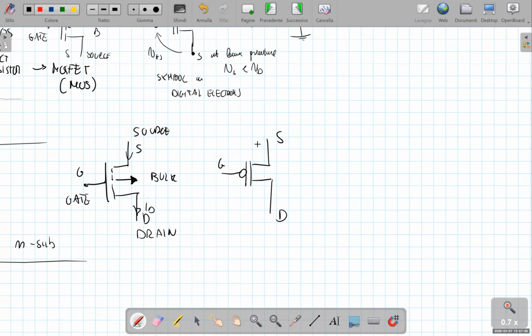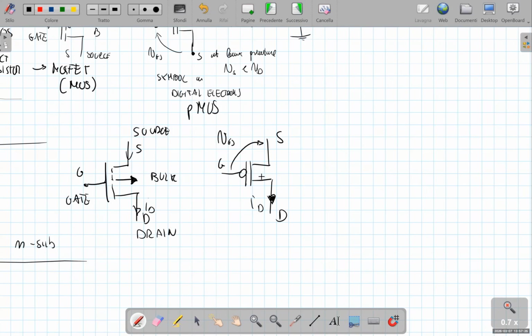Here, the control quantity is the voltage between the gate and the source, and the current flows exiting the drain. So this is a PMOS transistor.